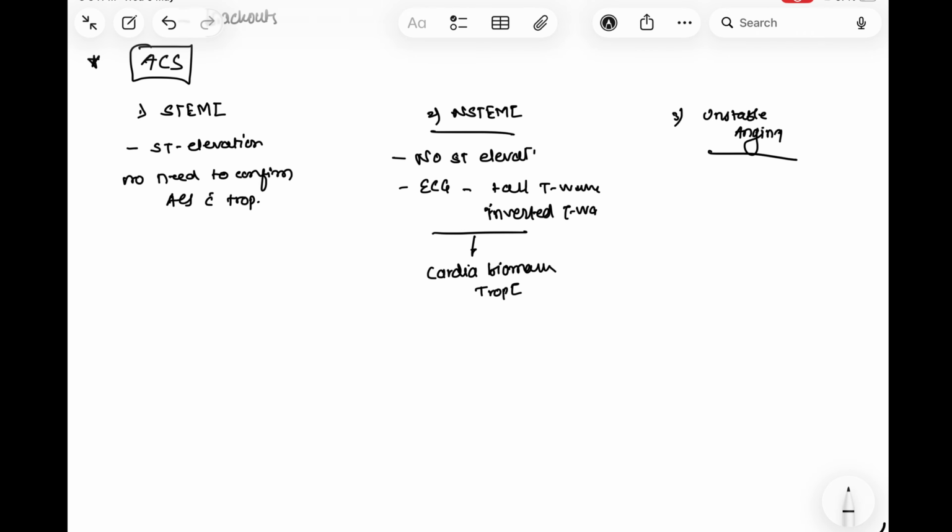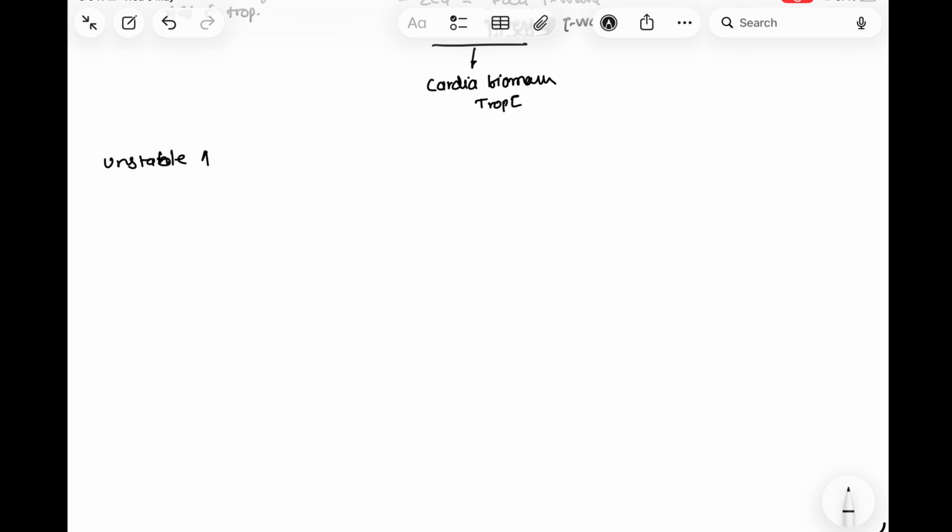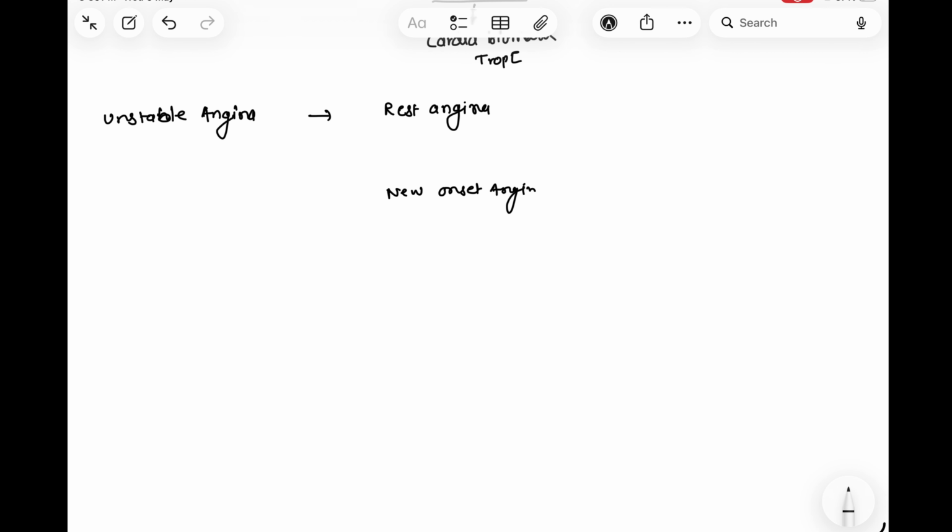Then there is unstable angina. In unstable angina, we have three subtypes. The first one is rest angina. The second one is new onset angina. And the third one is increasing angina. We also call increasing angina crescendo angina.